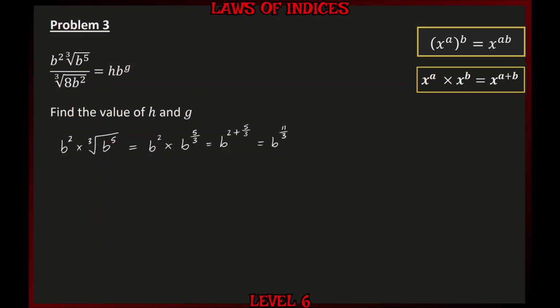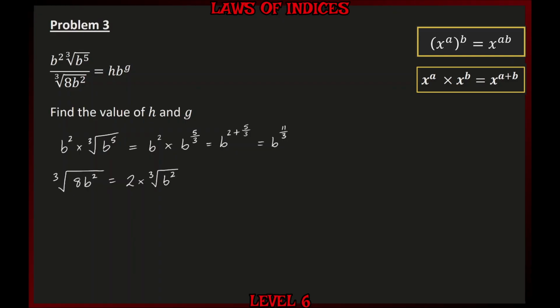Moving on to the denominator, starting with the cube root of 8b to the power of 2, we can first say that the cube root of 8 is 2, because 2 times 2 times 2 is 8. So we can write this as 2 multiplied by the cube root of b squared.